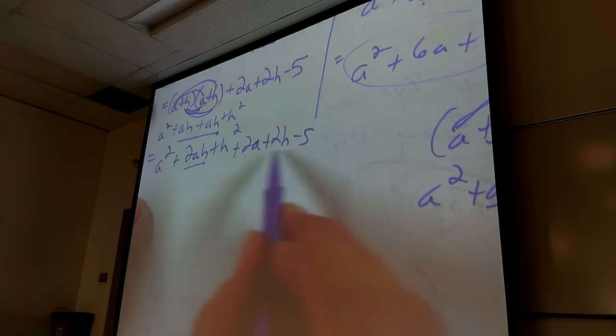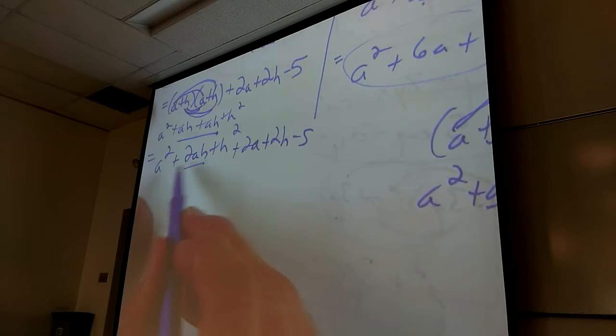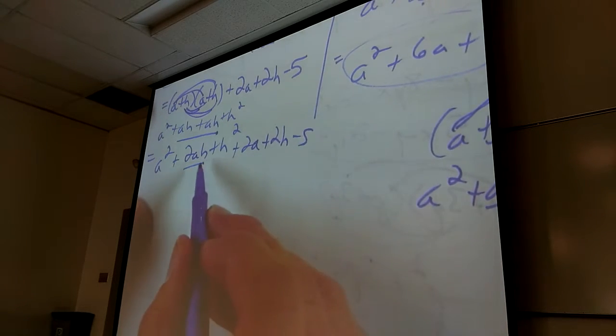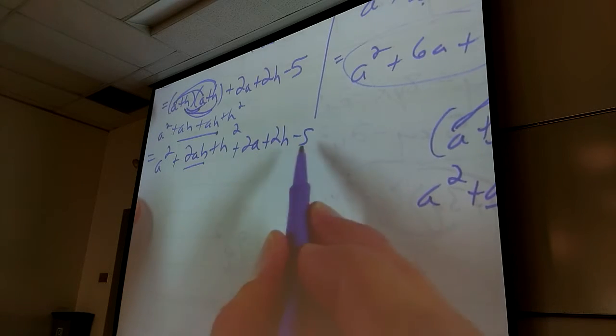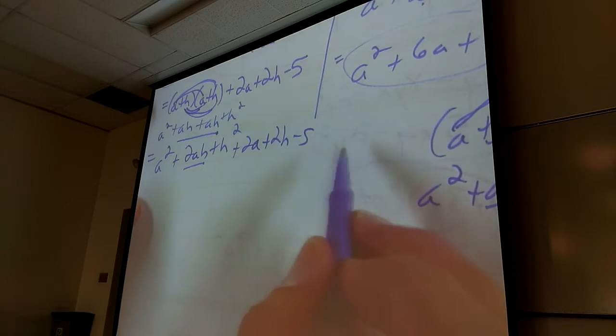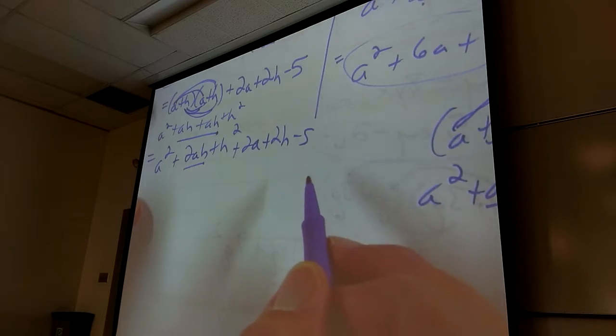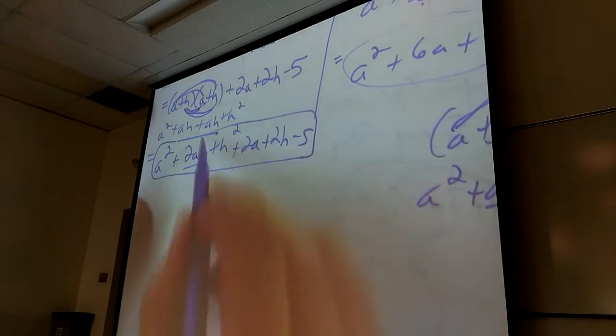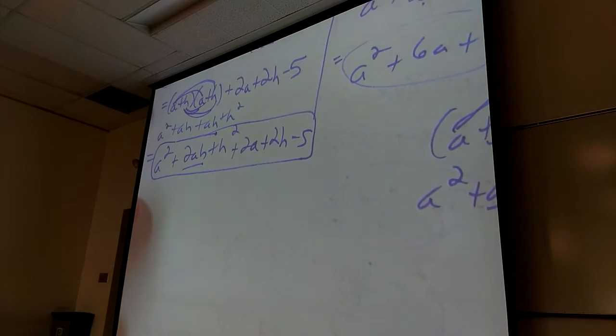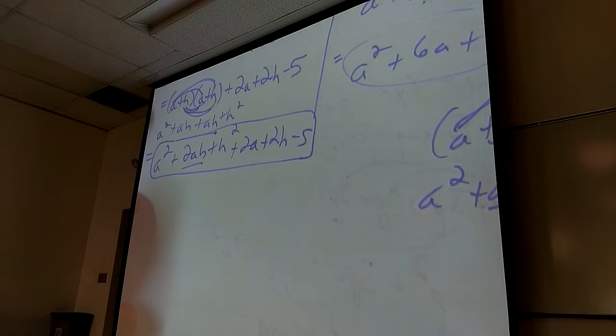Are there any like terms? No. There's no other a squares, no other ah's, no other h squares, no other a's, no other h's. It kind of makes sense that there won't be very many like terms because they had a and h and 5 to start with.